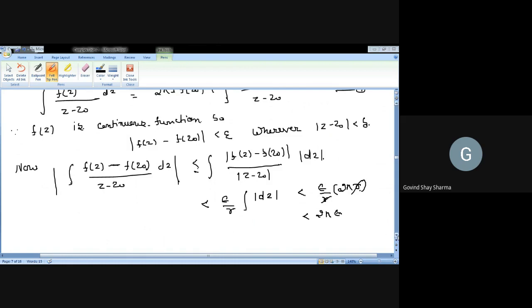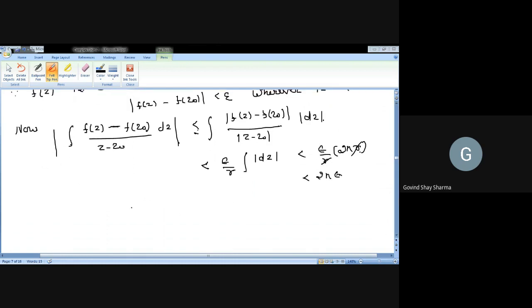Now we see that the integral of f(z) minus f(z0) upon z minus z0 dz is less than 2 pi epsilon. This is equation 2.